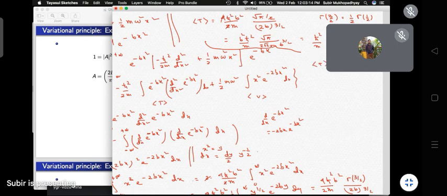So this is the expectation value of the kinetic energy. b h bar square by 2m root pi by 2.